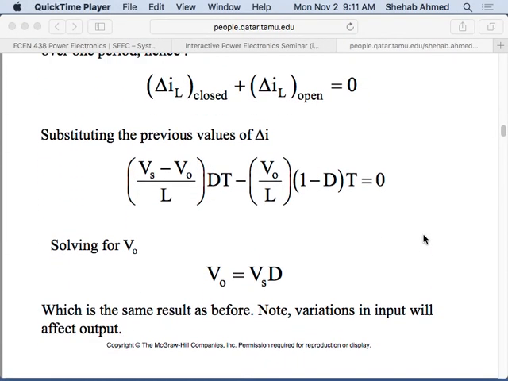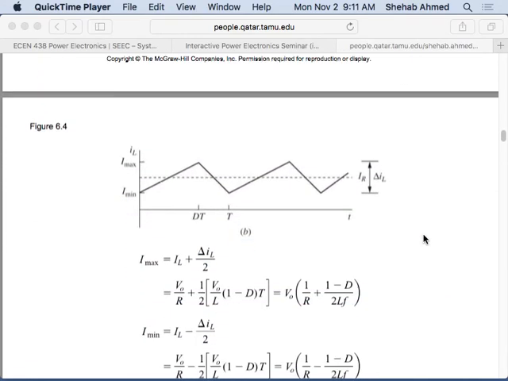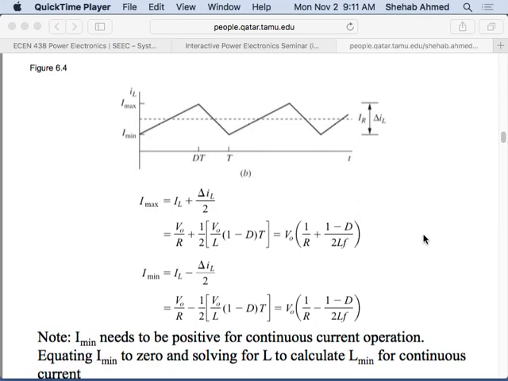What else can I do with the equation that I found? Okay, besides coming up with the output voltage equation, we said that I want to be able to calculate my inductance and capacitance values. So we have given our average value of load current. Again, load is defined. So given the fact that you have your average value of load current and you know your delta I, we know that I max is equal to the average value of load current plus delta I over 2, and I minimum is equal to the average value minus delta I over 2.